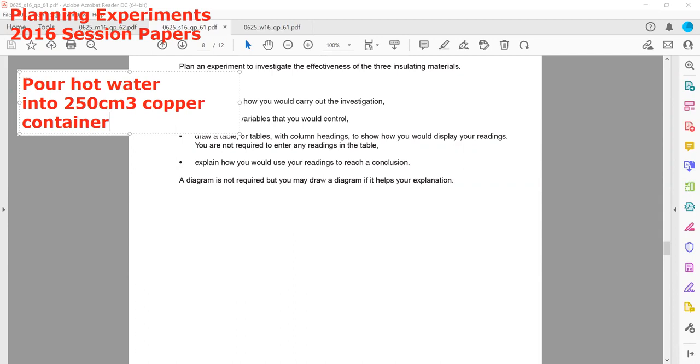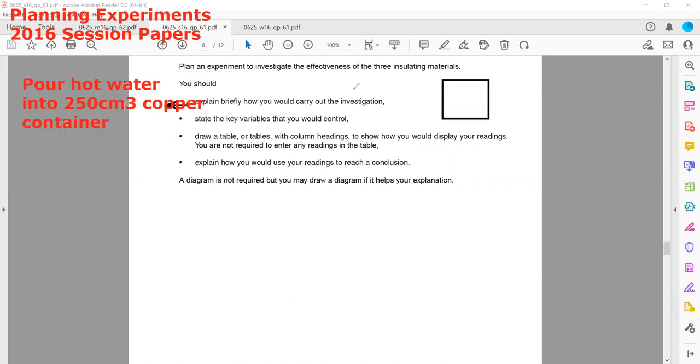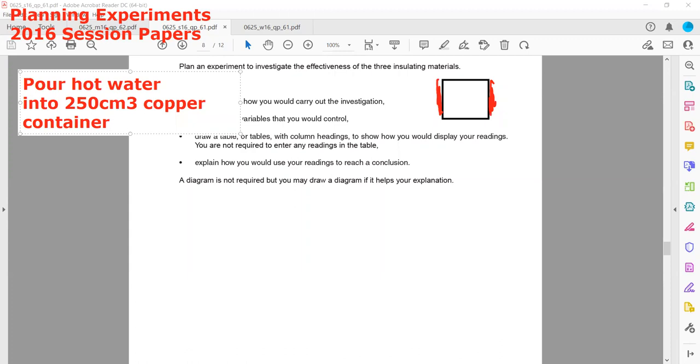So we just want to investigate, if we have a 250 cm cube container, and we place an insulating material around it, how the rate of cooling can be affected by this insulating material. So pour hot water into a 250 cm cube copper container, then record its initial temperature.